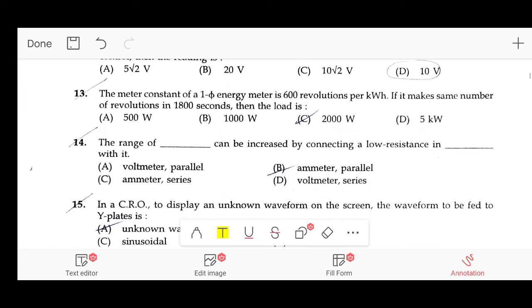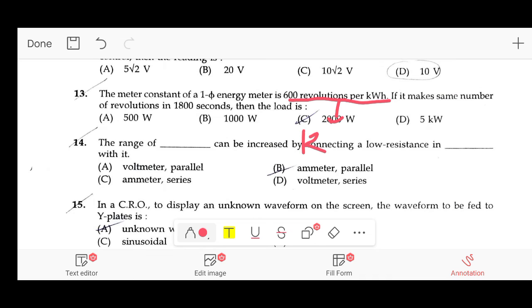Next question. The meter constant of a single phase energy meter is 600 revolutions per kilowatt hour. If it makes the same number of revolutions in 1800 seconds, then the load is? Here 600 revolutions per kilowatt hour means he has given meter constant K equals number of revolutions by kilowatt hour.